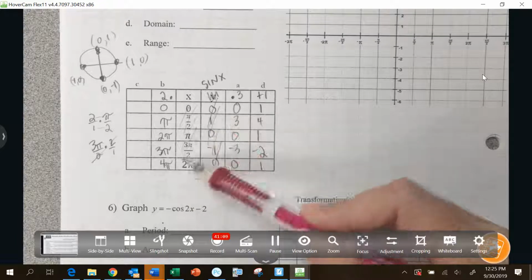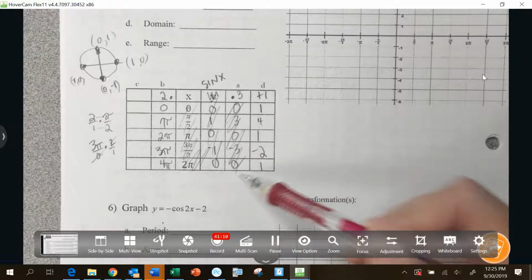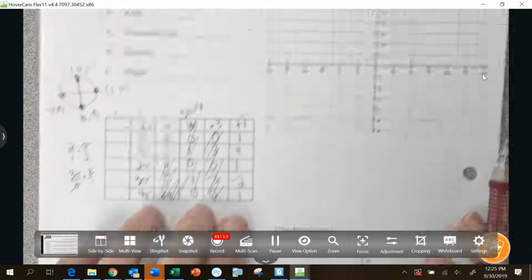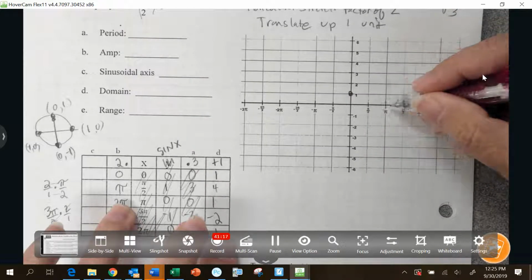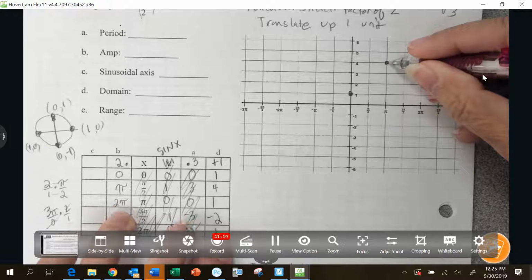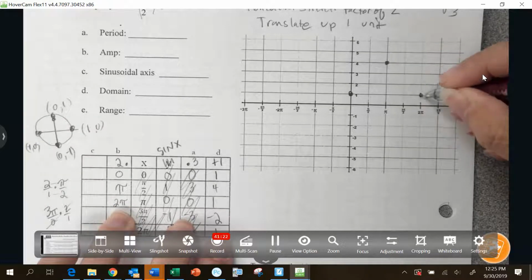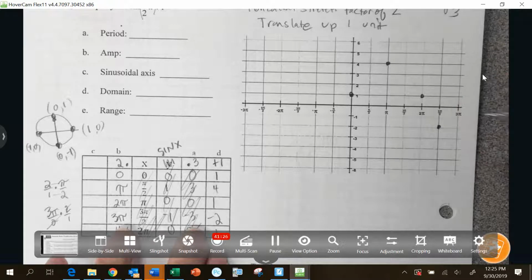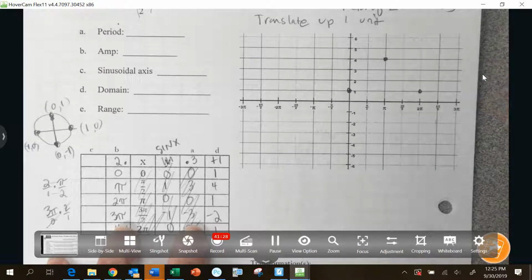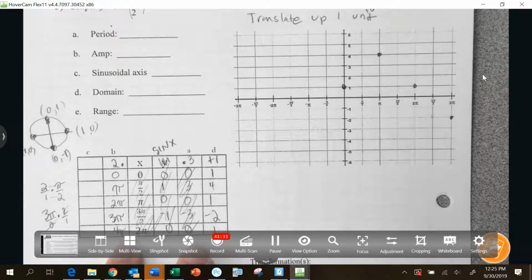So I can get rid of those old x's, and I'm graphing the new x's and the new y's: 0, 1; pi, 4; 2 pi, 1; 3 pi, negative 2. Then I go to graph 4 pi, but that's off the paper, so I'm not going to sneak it in and make my graph look bad. I'm just not going to graph it.